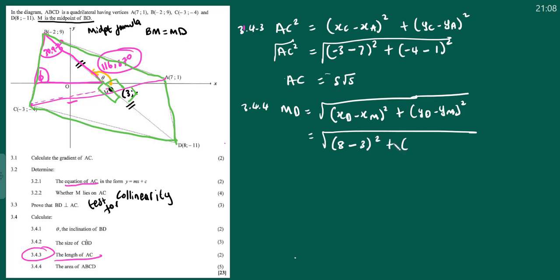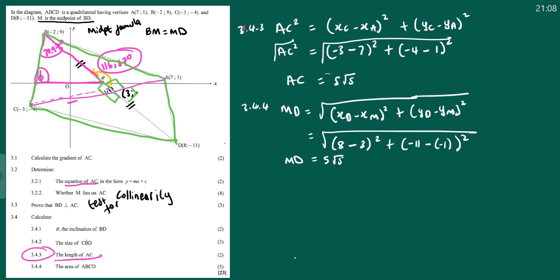Oh, what was the y of M? Was it -1? I think it was -1. Then we can get MD. Right, so if you punch that in your calculator, -11 plus 1 squared, we should get 5 root 5. Even so AC is equal to MD. That's quite interesting. I'm getting 5 root 5. If you are getting a different thing, please tell me.